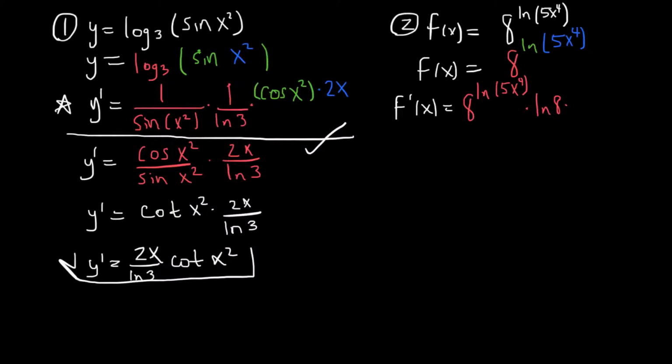The power is a logarithmic function, so the derivative of that would be 1 over the argument, 5x to the fourth. And then by the chain rule a second time times the derivative of the argument, which is the derivative of 5x to the fourth, 20x cubed. And there you have it.